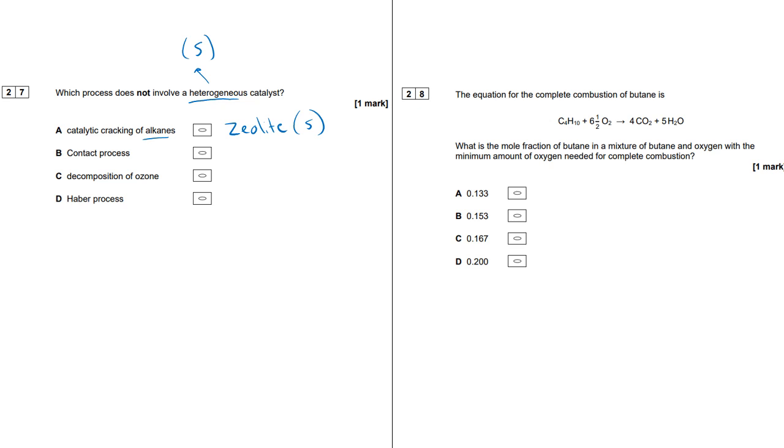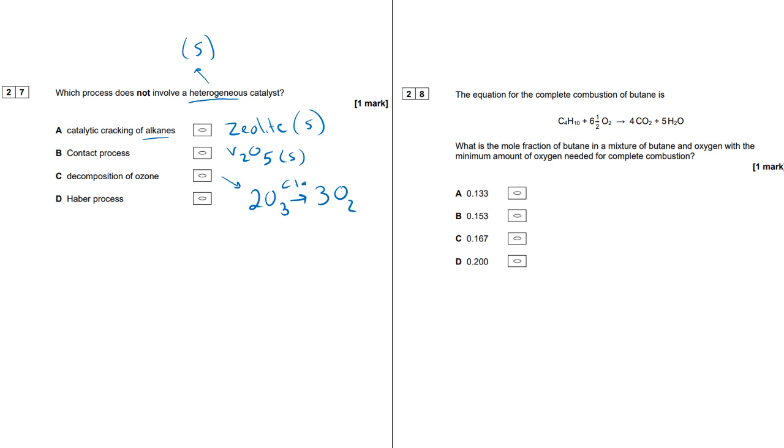Contact process, we're using SO2 and half O2 to make SO3, all gaseous, but the catalyst is V2O5, a solid. Decomposition of ozone, we're going from O3 to O2, and that's catalyzed by the chlorine radical.